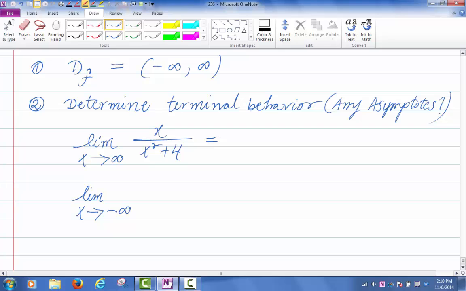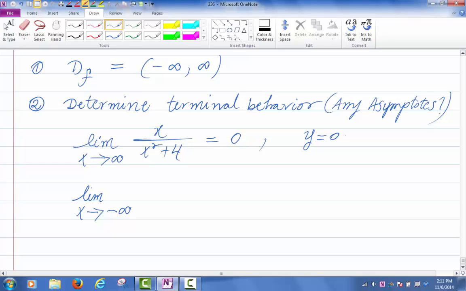So I know that the limit of this is 0. And so I know that y equals 0 is a what? What does it mean when I say that the limit at infinity is 0? It means that as x gets bigger and bigger, the height of the graph of the function is going to 0. Remember, the value of the function is the height of the graph. So as x goes to infinity, the height of the graph is going to 0.